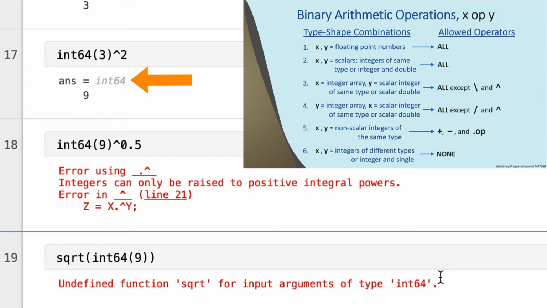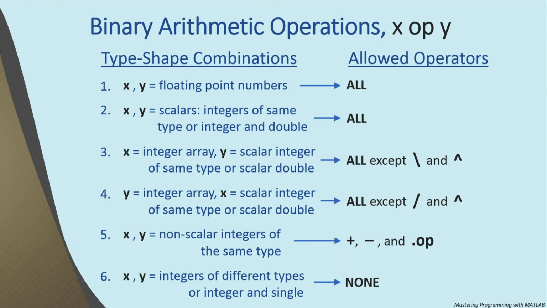The fact that MATLAB chose to give the answer as an int64 raises a very interesting question. Well, let's hope it's interesting, or at least that it's more interesting than these boring rules have been, despite my cheery, upbeat, chirpy presentation. And that interesting question is this: what types do arithmetic operations produce as output?